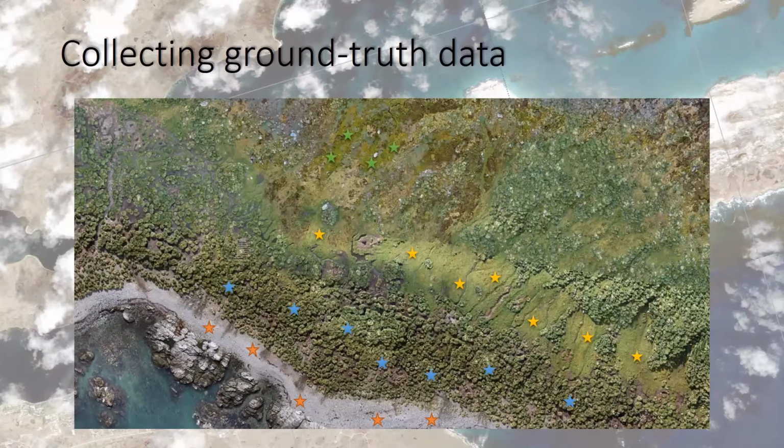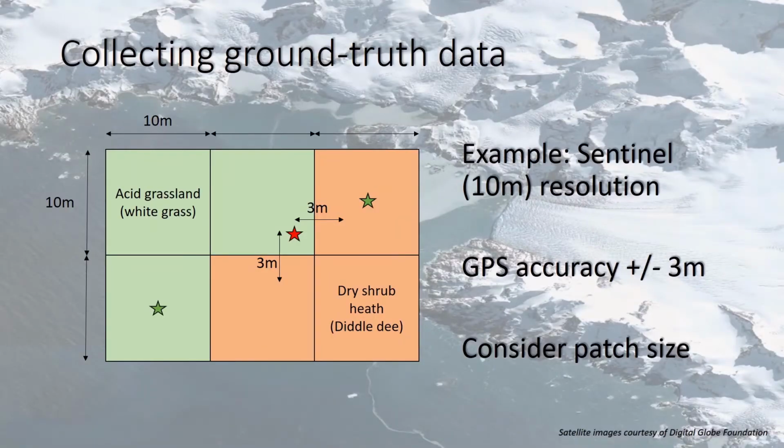So Megan and Bran touched on where you take your points, and this is where your accuracies or inaccuracies with GPS come into play as well. If you imagine these are 6 pixels from your Sentinel imagery, so they're 10 meters across, and hypothetically these 3 are whitegrass, acid grassland, and these 3 are dry shrub heath.